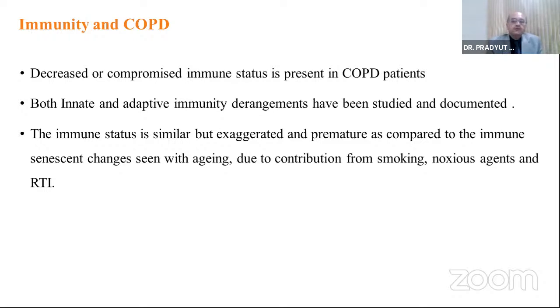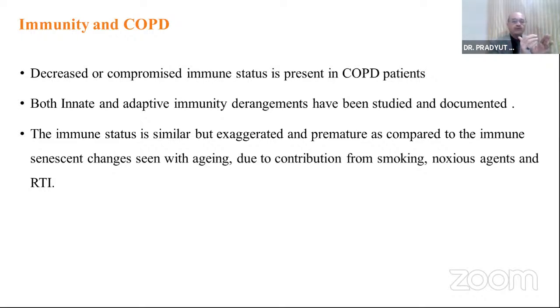So what is the correlation between immunity and COPD? These COPD patients are found to have decreased or compromised immune status, where both the innate and the adaptive immunity have been found to be compromised. The immune status of a COPD patient is exactly the same as that seen in elderly men due to aging, what we call immunosenescence.